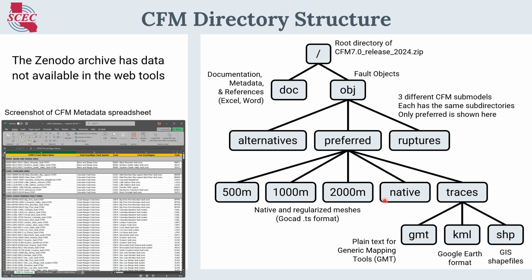I'll show you that in a minute. Then we provide semi-regularized meshes with nice triangles that are about 2,000 meters wide, 1,000 meters wide, and 500 meters wide. So we hope these are ready for modelers to use. We also provide just traces if you want to make a map like I've shown in GMT plain text format, KML, and shapefile format. So all of this is in the archive, and it's freely available to anybody that wants to download it.